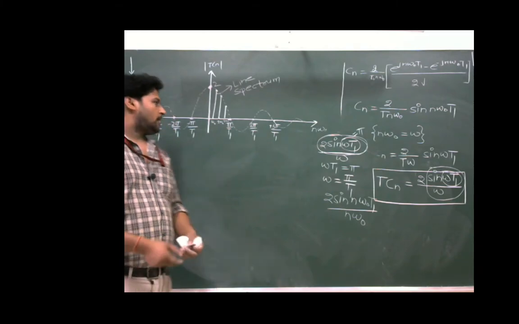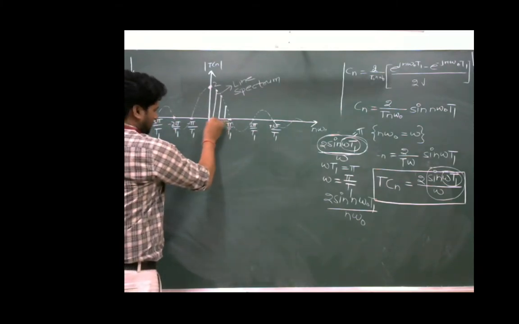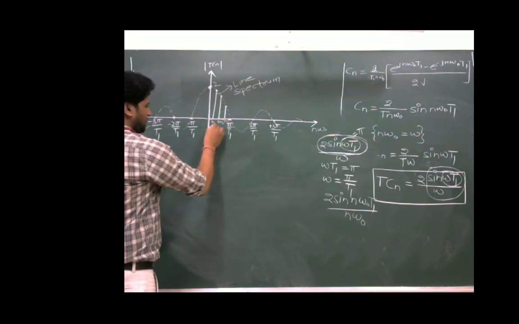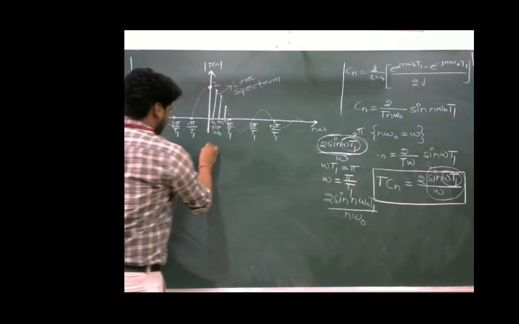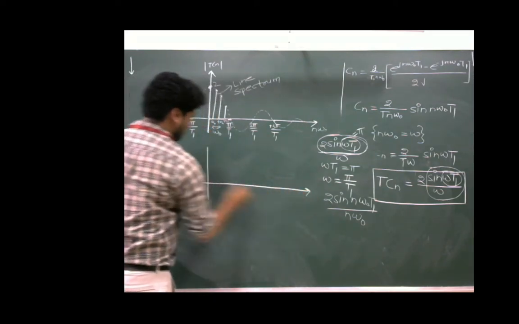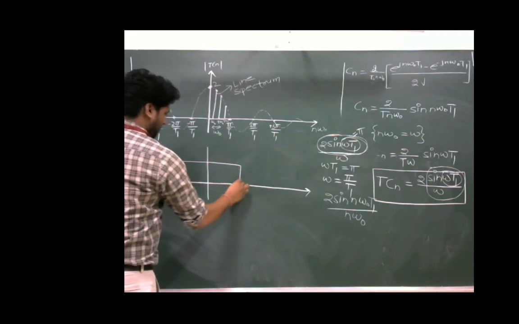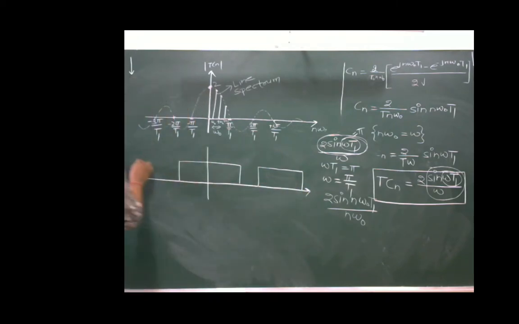Now, if we look deeply at this separation of the lines, the separation between each pair of lines is omega naught, while the original signal x(t) in the time domain was this.